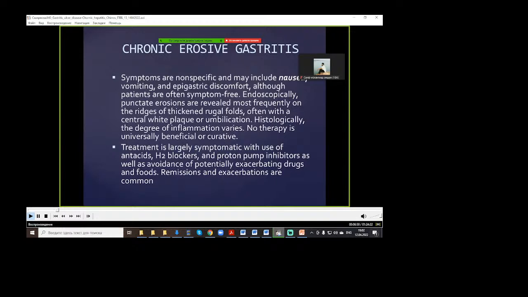Histologically, the degree of inflammation varies. No therapy is universal for this type of gastritis, and treatment is largely symptomatic, and the most important is to avoid non-steroid anti-inflammatory drugs.